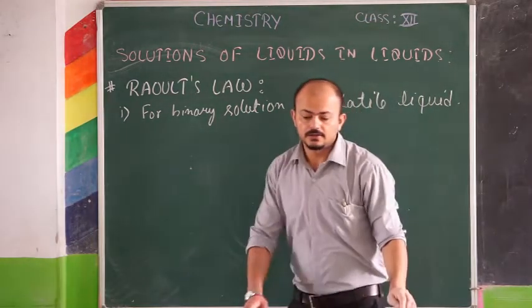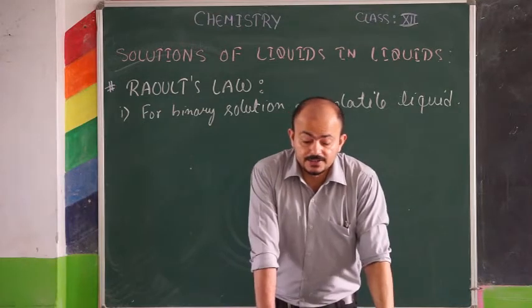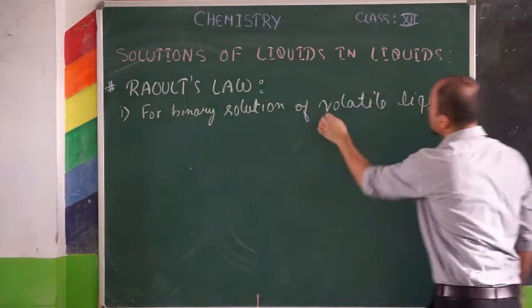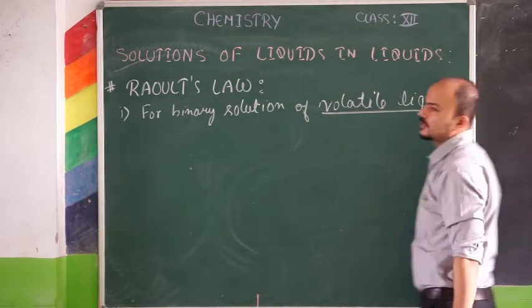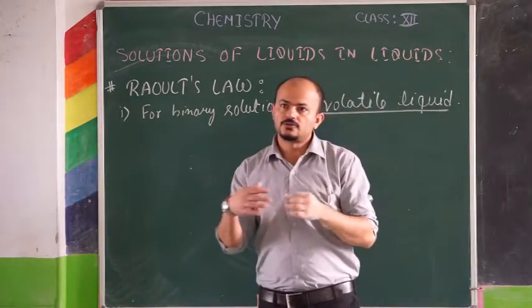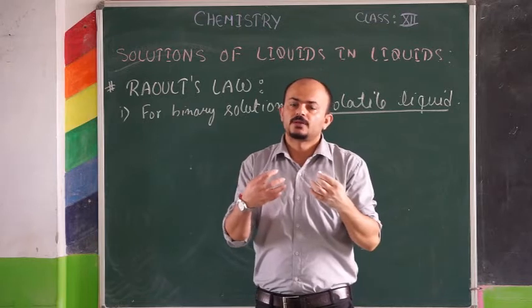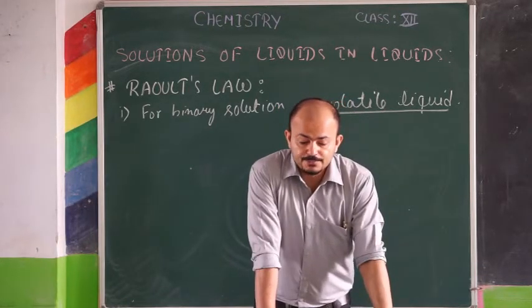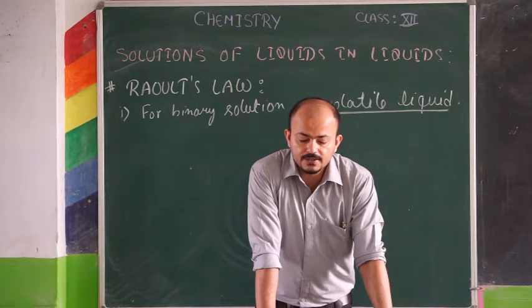This law tells us, so let's listen to it very carefully. In a solution where you have volatile liquids, volatile means both of them can go to the vapor phase. In a solution, the partial vapor pressure of a volatile component at a given temperature is equal to the product of the mole fraction of that particular component and the vapor pressure of that component in the pure state.